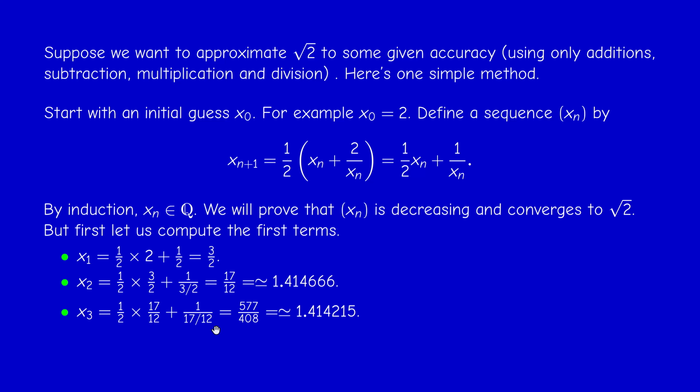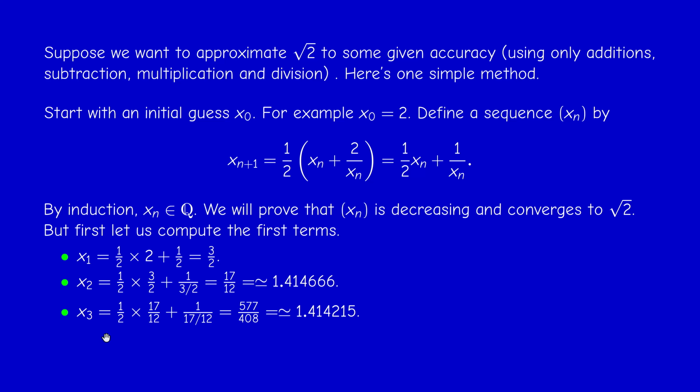If you do the computation, you get 577 over 408, approximately 1.41421. So we already see numerically that we are converging to radical 2, because we know what radical 2 is. Now I'm going to prove that xn is well defined.